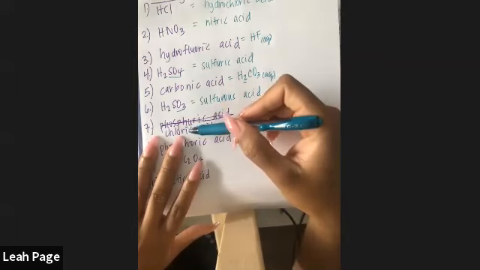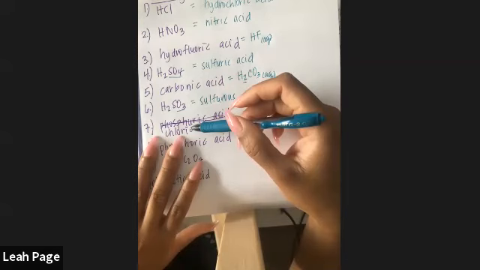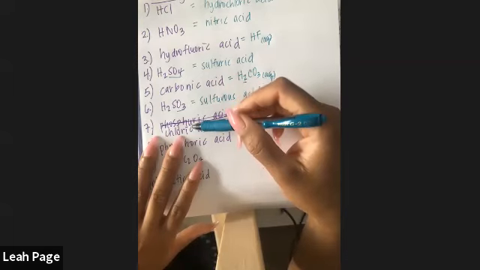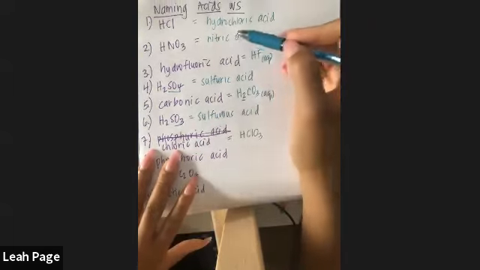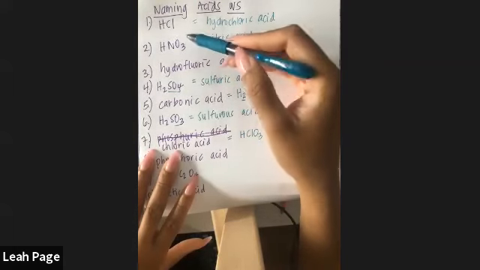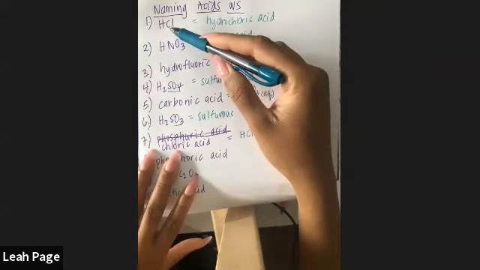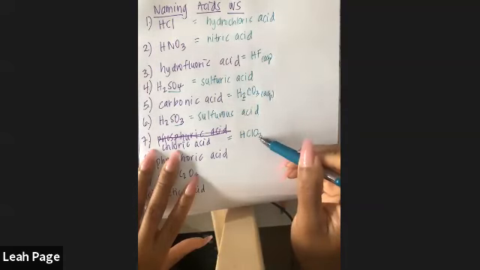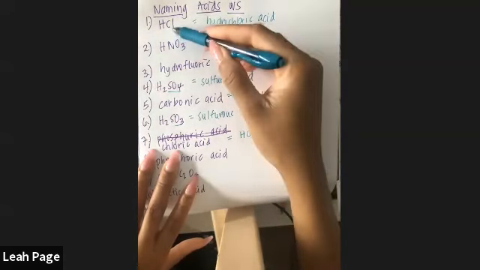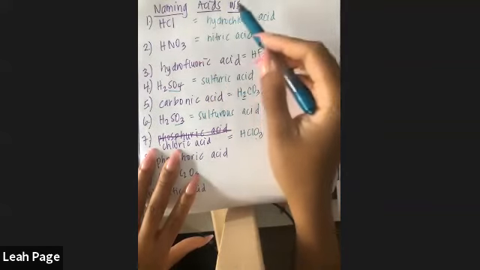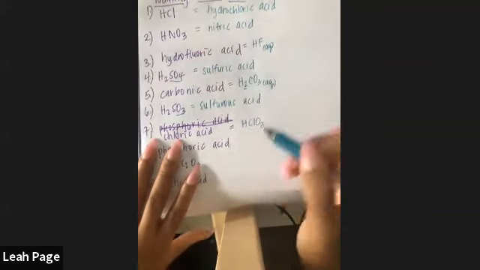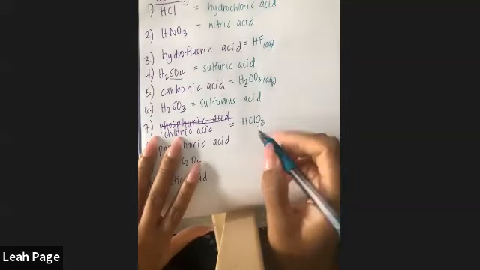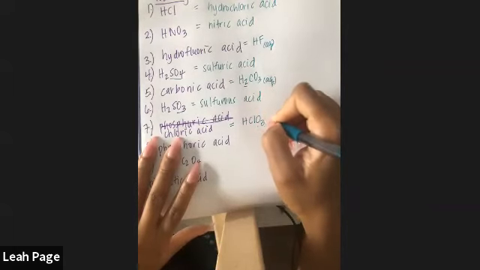Chloric is going to be chlorate, and the formula for chlorate is ClO3. Don't get it confused with hydrochloric. The difference here is that this is just chlorine and this is chlorate. So this is a polyatomic ion. This is just a non-metal. So you say the hydro for just the non-metal, and then you have to change your ate to ic for the polyatomic ion.